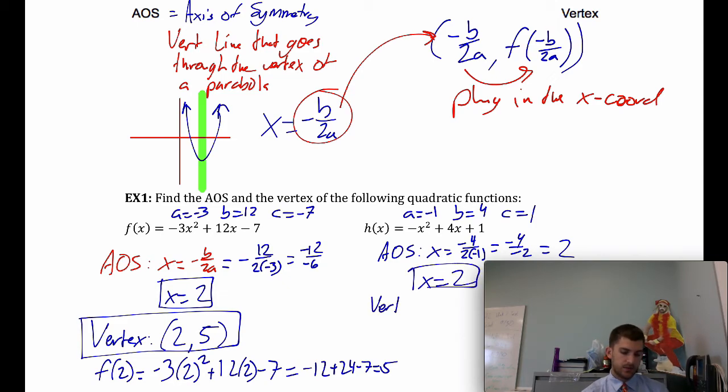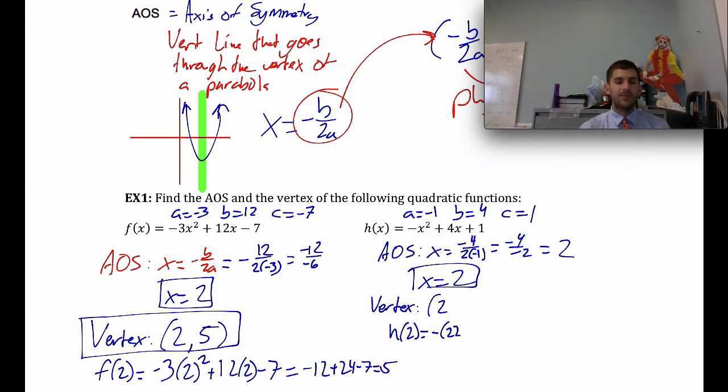Our vertex. We already know the x coordinate is 2. For the y coordinate, we're going to plug that into the function h of x. So h of 2 equals negative 2 squared plus 4 times 2 plus 1.